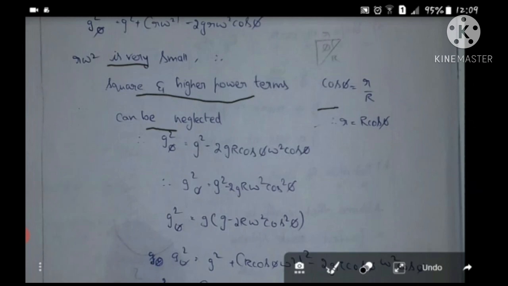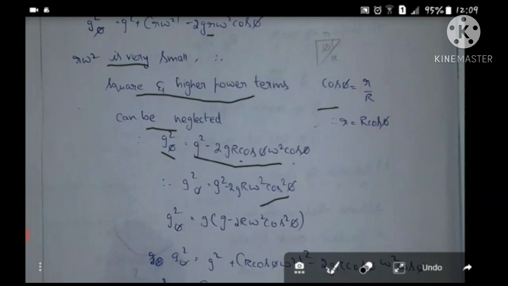If we substitute in place of small r, here there is small r omega square, so we can write g phi square is equal to g square minus 2 g R cos phi omega square cos phi. So g phi square is equal to g square minus 2 g R omega square cos square phi.